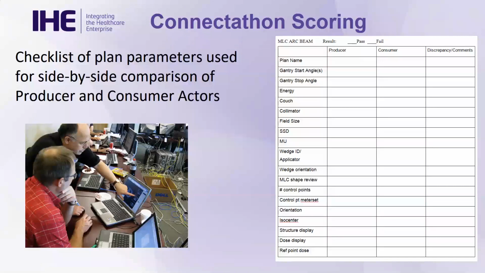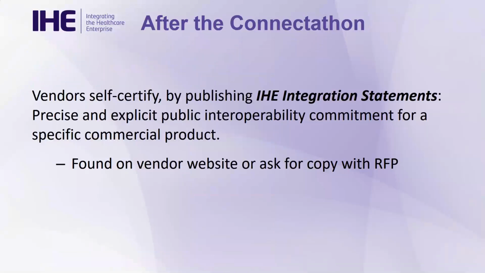I just use this to show you that there's a lot of detail that goes on in these. It isn't just simply, oh, it shows up. It's a point-by-point comparison, and that's why I think it's so useful.